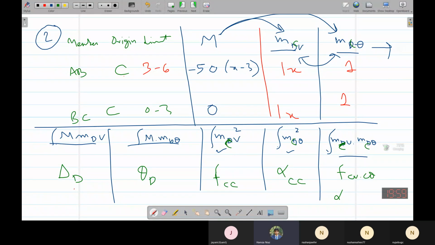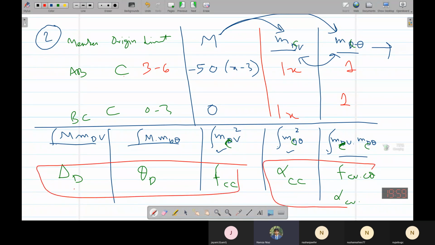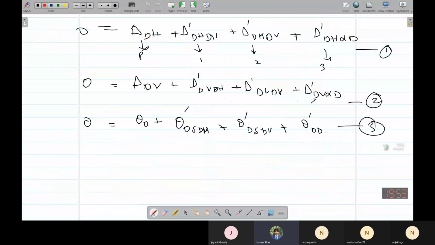This one is rotation produced by vertical force at CV. Okay. So basically we get the 6 variables. We have 3 and 3. We have these 6 unknowns, 6 variables. We calculate these values of deflection from this table. Okay. All right.